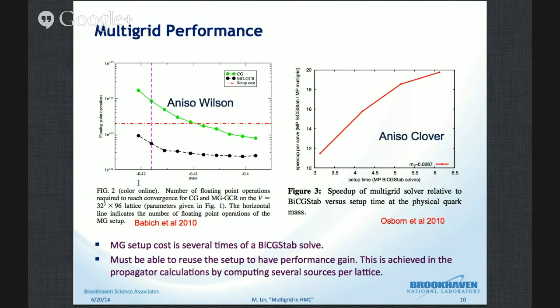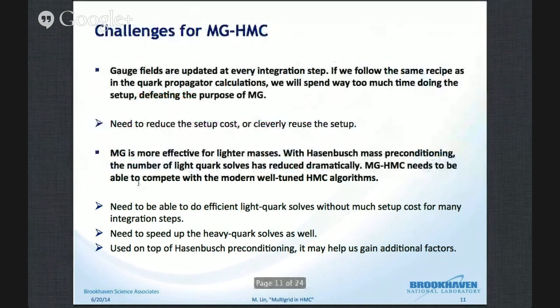But for the HMC, the situation is a bit different. For HMC, the gauge fields are updated at every integration step. So if we use the same recipe as we used in the quark propagator calculations, then we'll spend way too much time doing the setup.